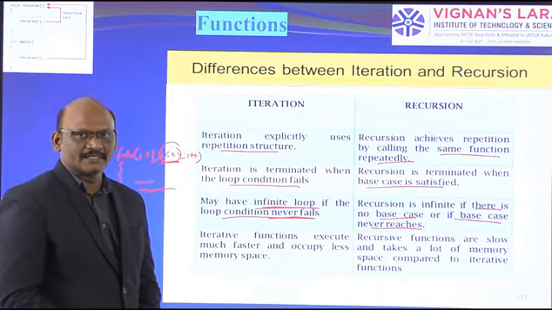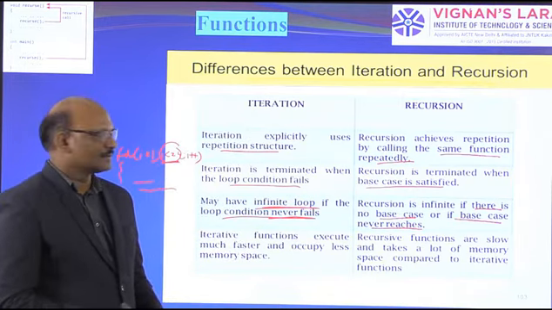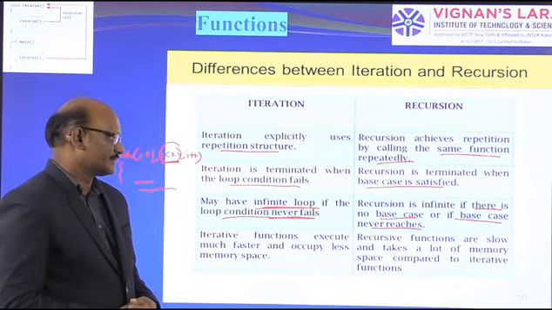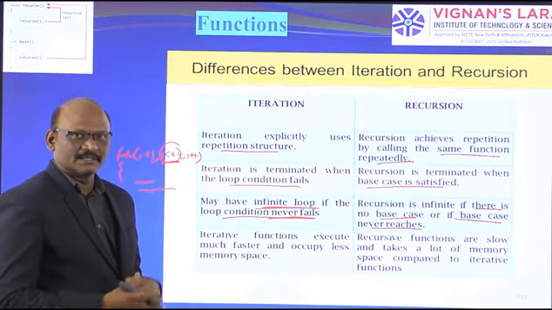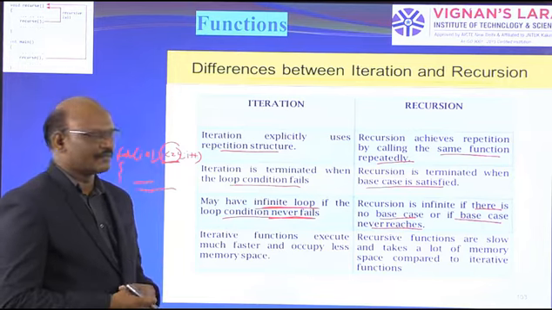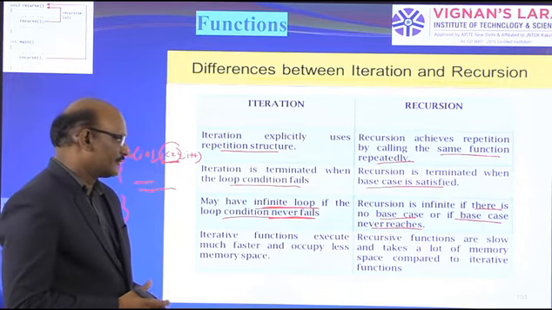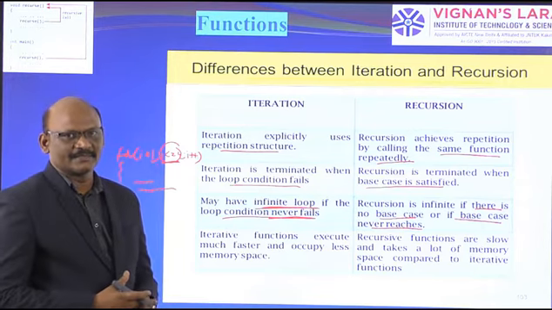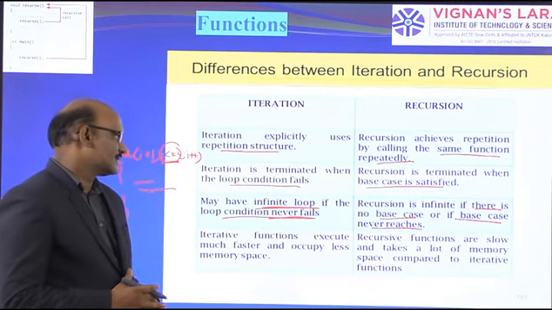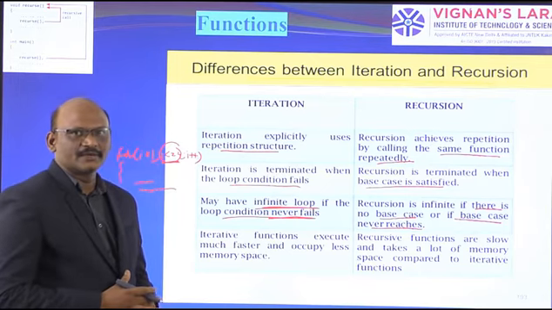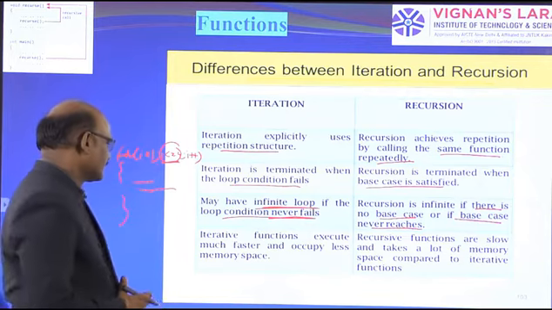Suppose there is no base case, then the recursive function is executed an infinite number of times. Or if the base case never reaches, in that situation also recursion goes into the infinite situation.